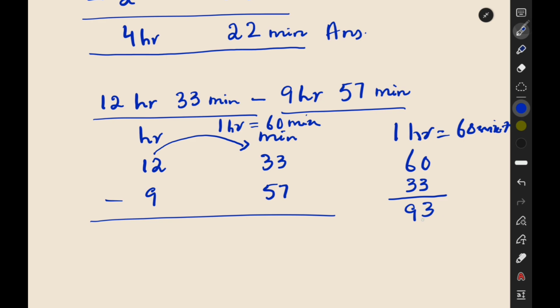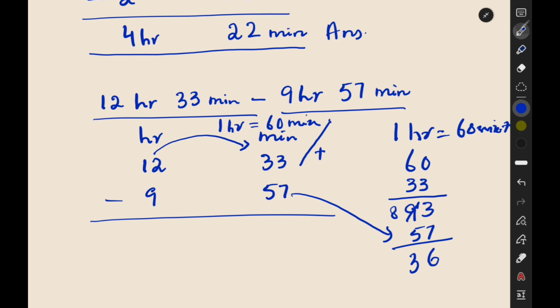So from 93 we subtract 57. What is left here? 36.